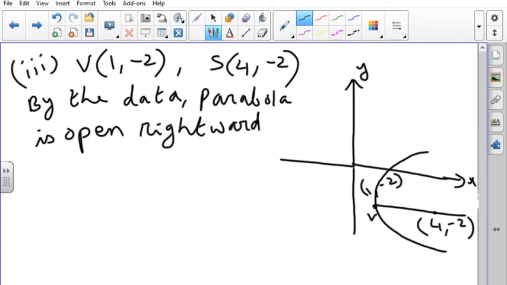So here the vertex is 1 comma minus 2. If it were 0 comma 0, we would take y square is equal to 4ax.